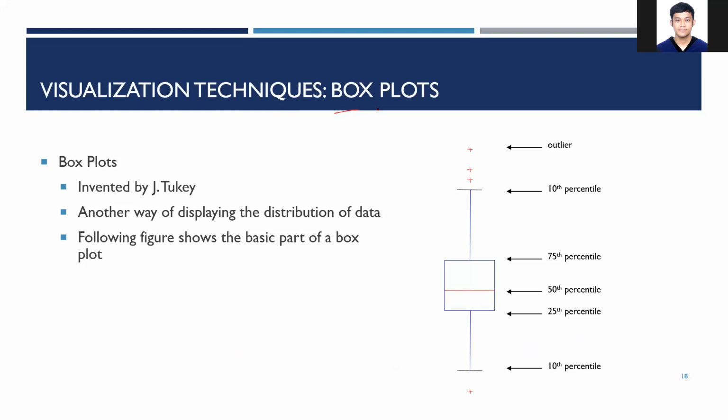Box plot: we can use a box plot to identify outliers. Sometimes by our eyes we can get information. For example, this is our scatter plot, and this is one data point very far away from the other data. We can see that, okay, this is an outlier.